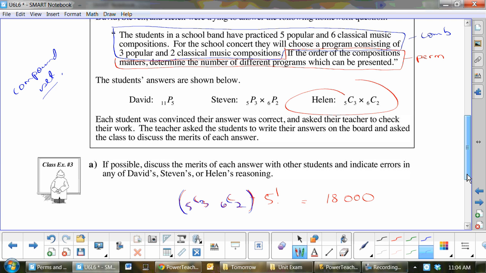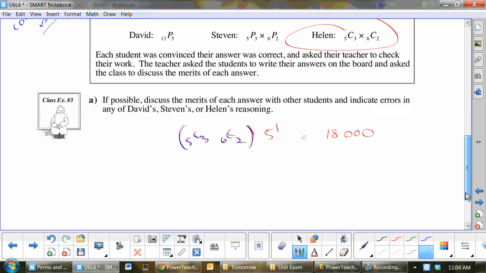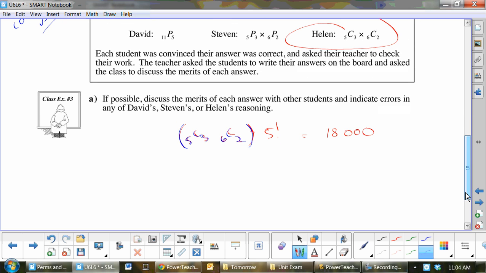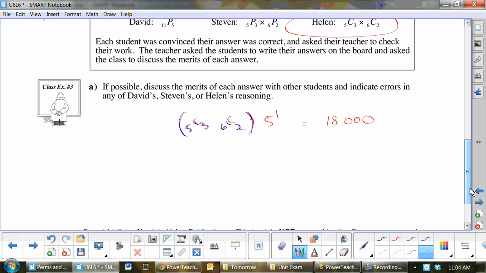If I didn't teach you the perms and combs unit at all, you'd still be able to do the diploma less 3 or 4 questions, right? So this unit is very much in itself. It's not like some of the other units. You really need to know that transformation unit to do a lot of the other stuff, okay? Whereas this doesn't depend on any of that.